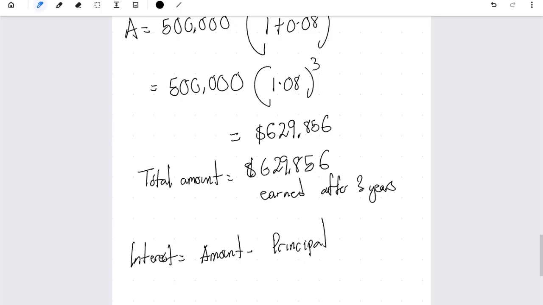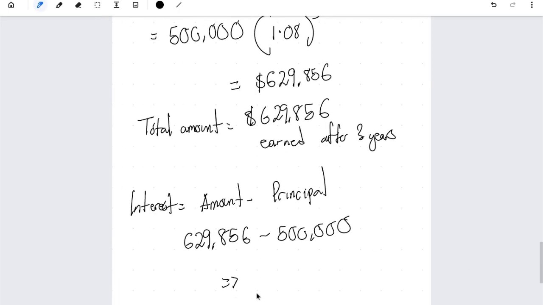So we just do 629,856 minus 500,000. And what does that give you? That gives you $129,856. So this would be the interest earned after 3 years.